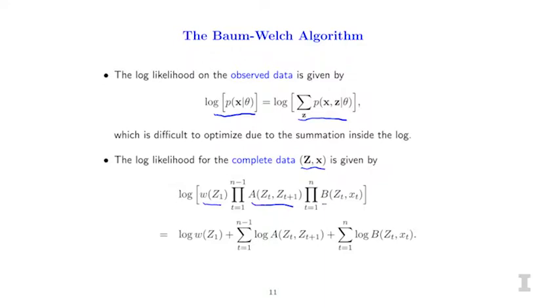Then given z, we use the emission probability b to generate x. Once we take the log, the joint likelihood becomes those summations. Here, the summation is from 1 to n-1 because we already generated z1, so there are only n-1 transitions. We need to compute the corresponding probabilities.